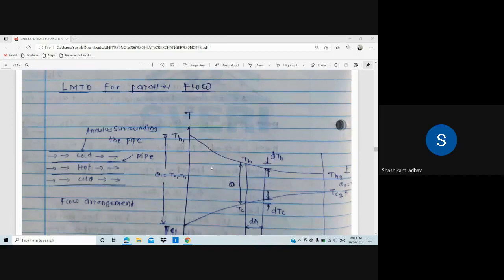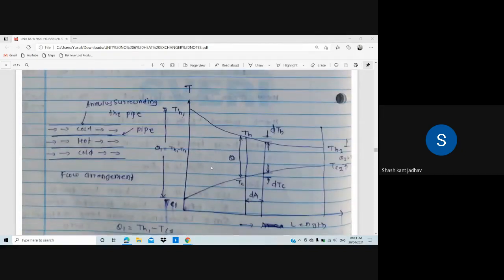Full stop. Okay. So these are the assumptions we are considering for deriving the expression for the LMTD.